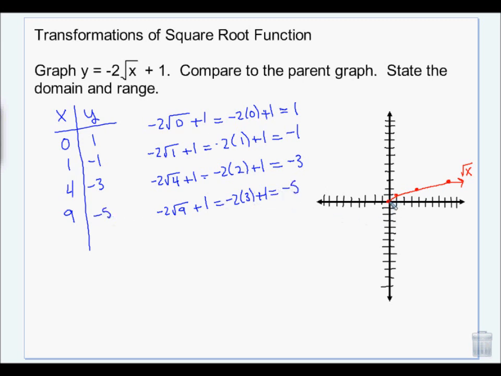So I have 0, 1, 1, negative 1, 4, negative 3, and 9, negative 5. So we flipped across the x-axis, we stretched, and we moved up 1.